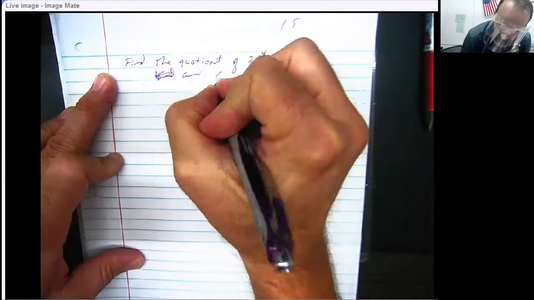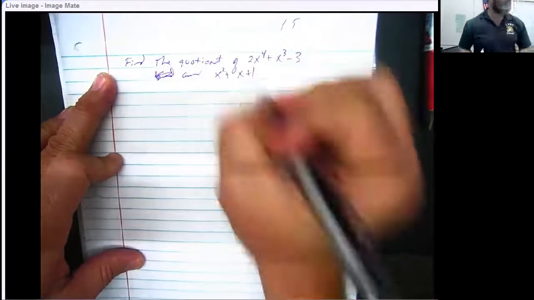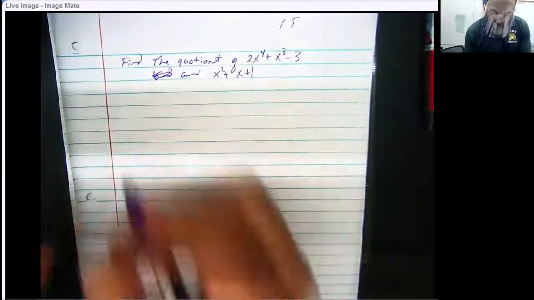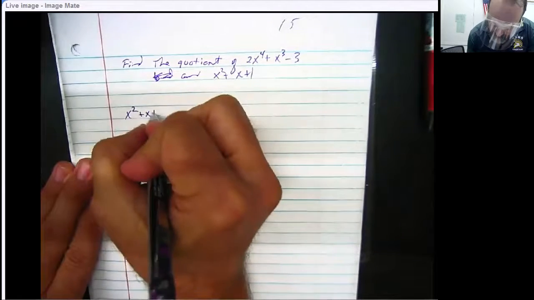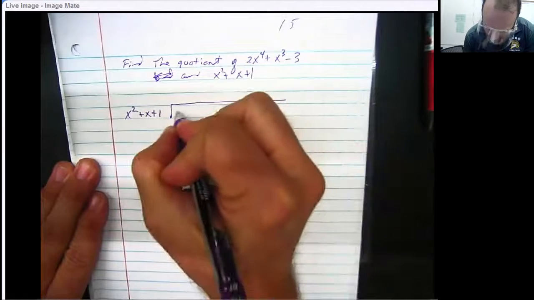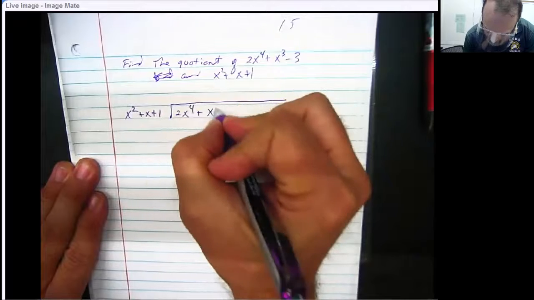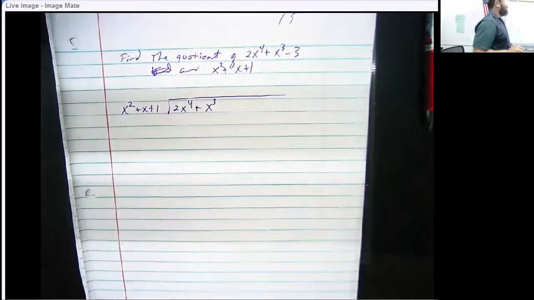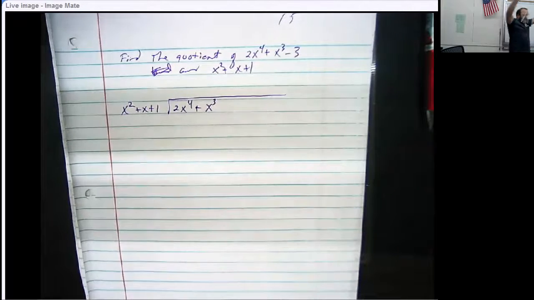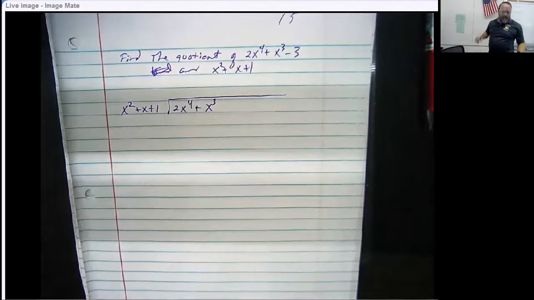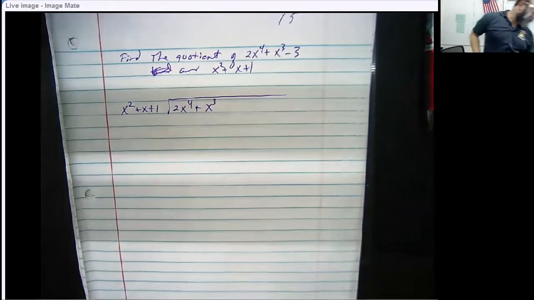I think I picked x squared plus x plus 1. So I'm going to help you set it up, and then I want to see if you guys can start doing this. Now, I started it. I didn't finish it. Let's see if we can find out what that quotient is.